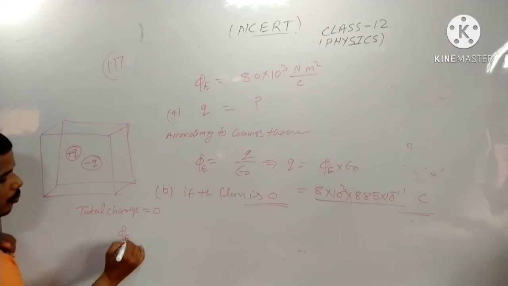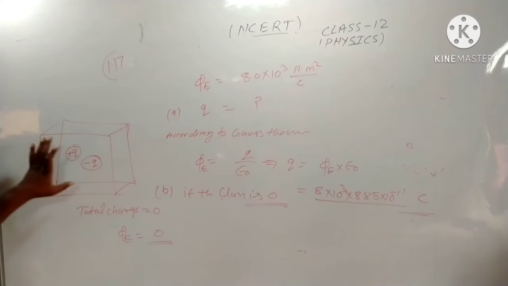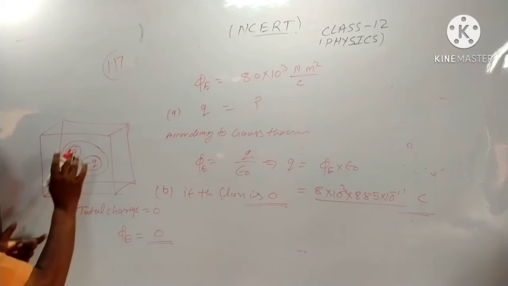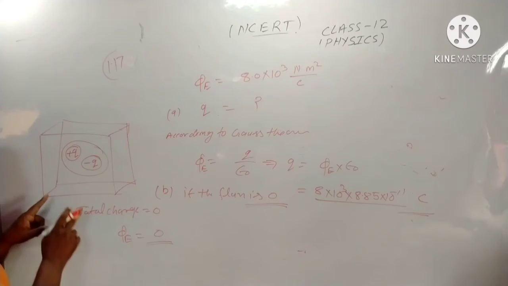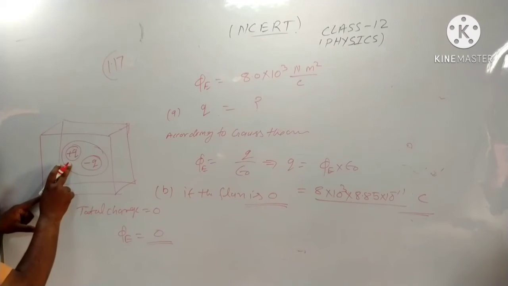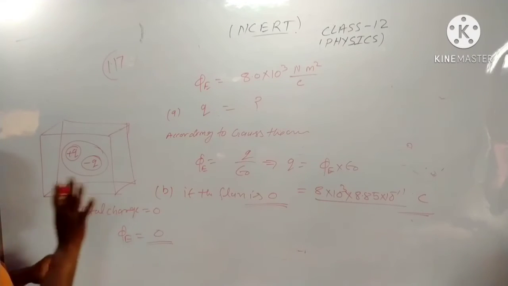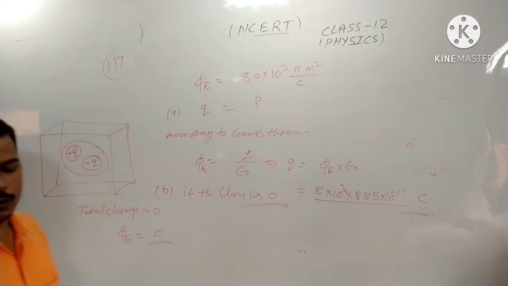Then flux phi is equal to 0. So we can say that it is not true always that there is no charge in the box. It may be there is charge, but the total sum of charge is 0. So the flux is 0.